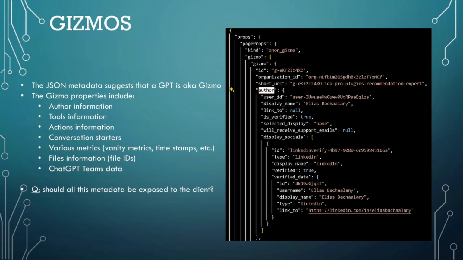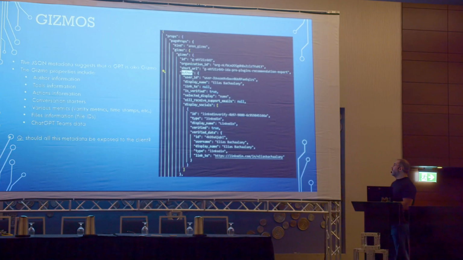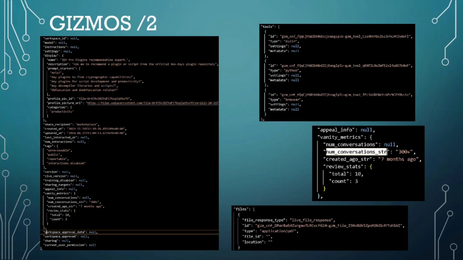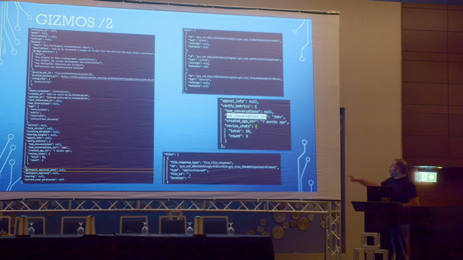So GPTs internally, turns out, are called gizmos. And this is a snippet from the Gizmo, for example. It will have the author information, data, bio of the author. We have things like, for example, the files here at the bottom right, how many files, you can see the file IDs, for example.